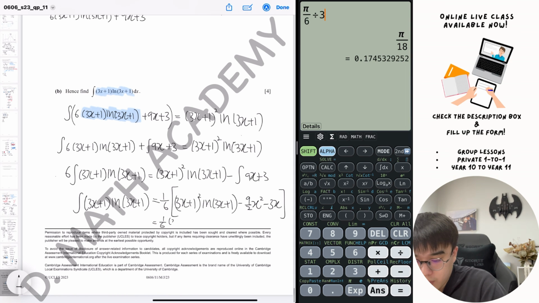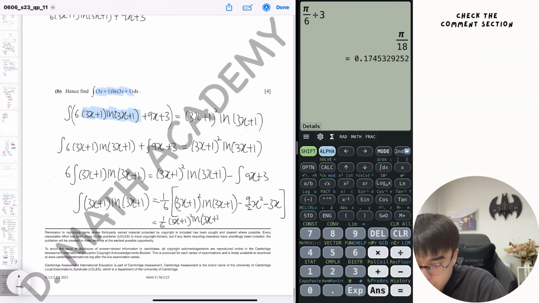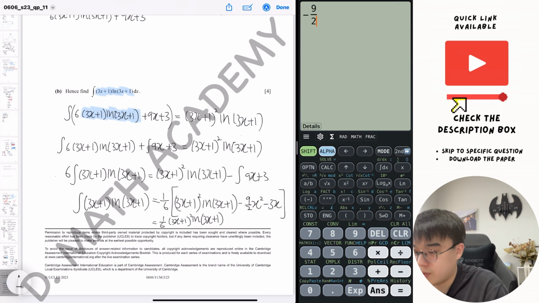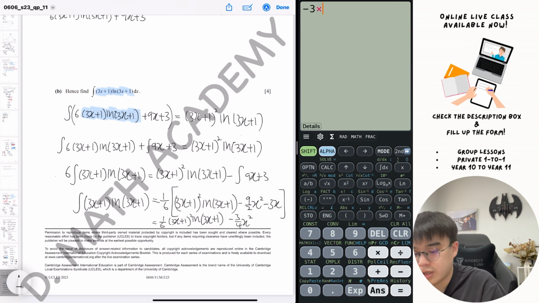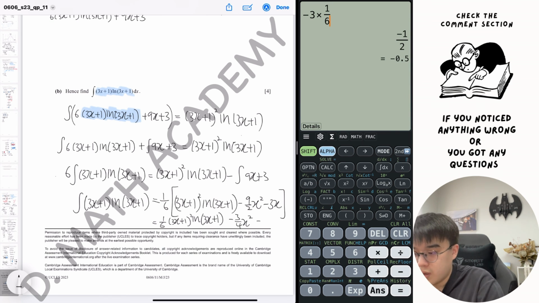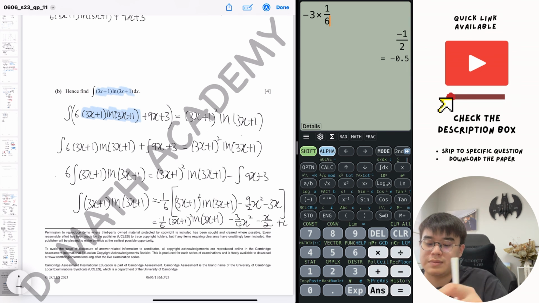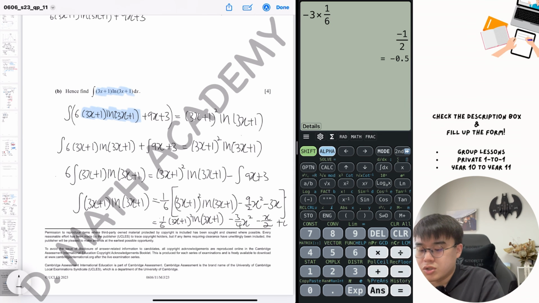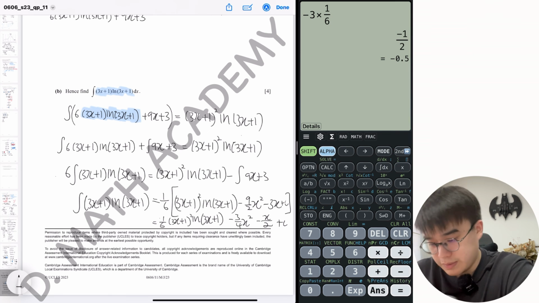So you will have slightly more organized results: negative 9 over 2 times 1 over 6 will be negative 3 over 4 x squared. Negative 3 times 1 over 6, you will get negative x over 2. And also a plus c because you're doing the integration. Okay, so that's it for this question set of paper here.